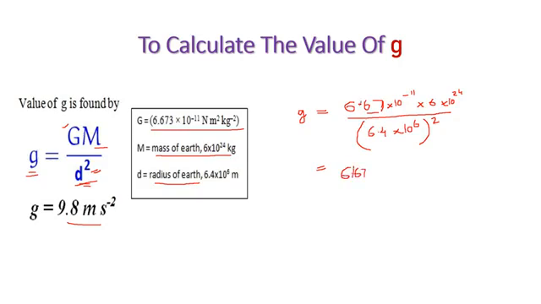This calculation is a little difficult, but you can make it easy. Before you start dividing everything, you have to do two steps. First of all, remove the decimals. How to remove this decimal? I can just multiply it by 100, so 667 into 100.